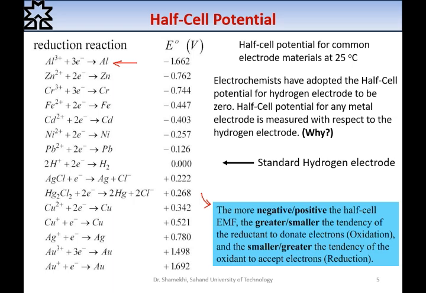Donating electrons means oxidation. And the smaller or greater the tendency of the oxidant to accept electrons. Accepting electrons means reduction.